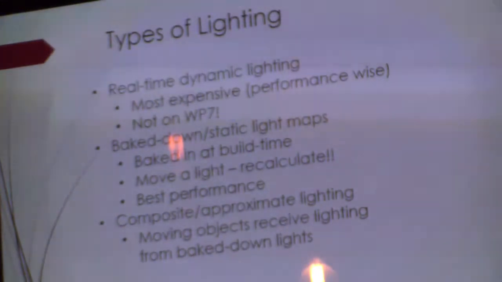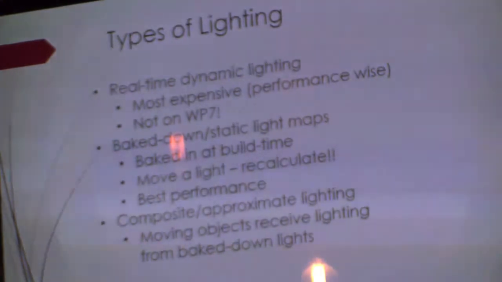So as you're building your scene, you bake down the lighting, as they say, which basically stores it in light maps, which are just kind of files which describe the lighting and shading. And then at runtime, all the GPU has to do is render textures based on those light maps.